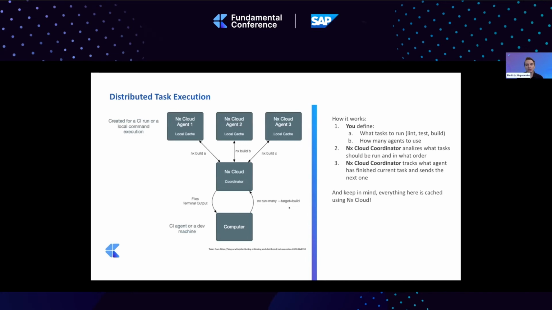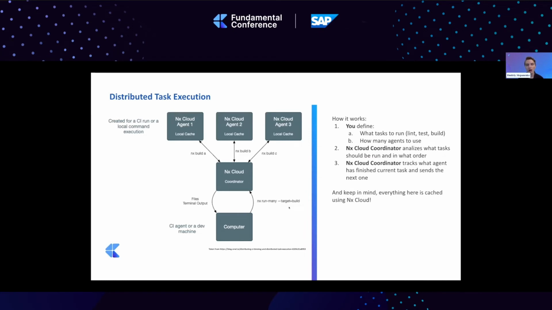Another optimization technique Nx can offer is distributed task execution. While enabling computation caching with Nx Cloud helps us to reduce task execution time, distributed task execution helps to reduce the total time of your CI, I mean by parallelizing jobs that should be executed.